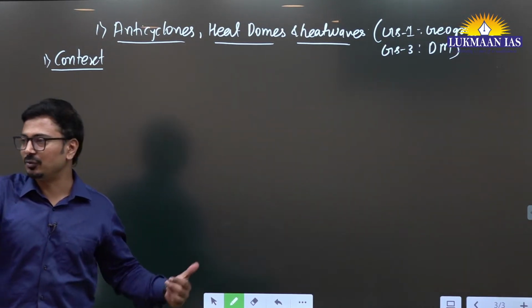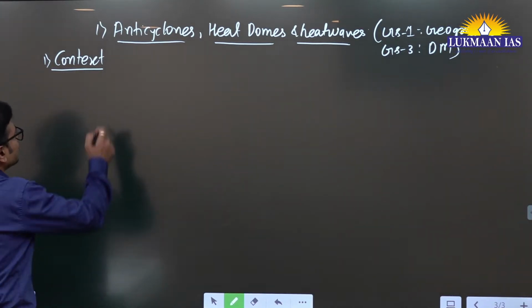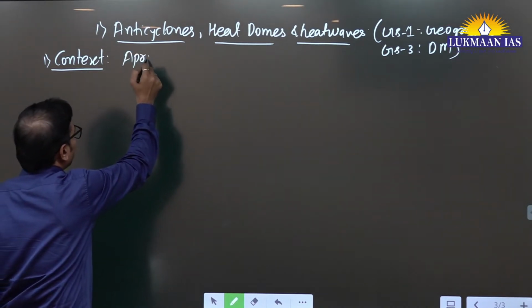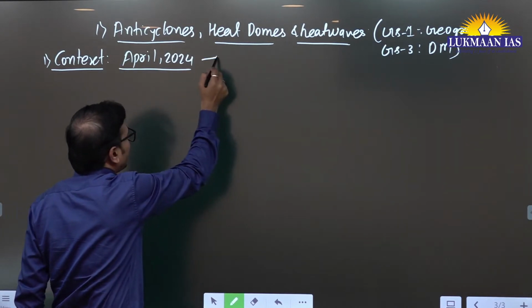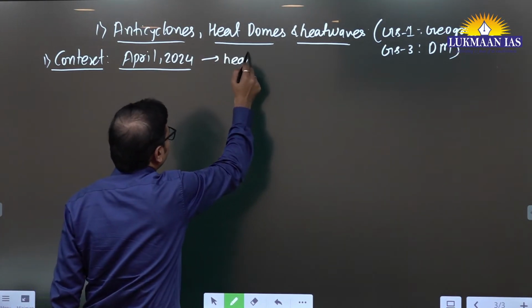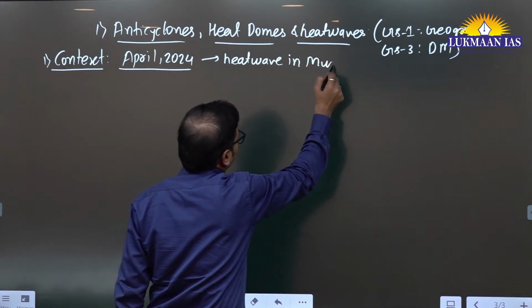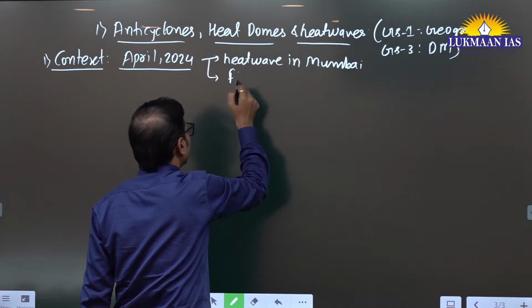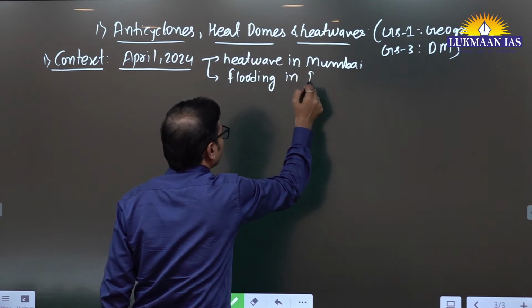Because of anticyclone formation, heat waves are happening. So, let's try to understand. But I will give the context of the incident that happened in April 2024, where we had a severe heat wave in Mumbai, and simultaneously there was excess rain and flooding in Dubai.